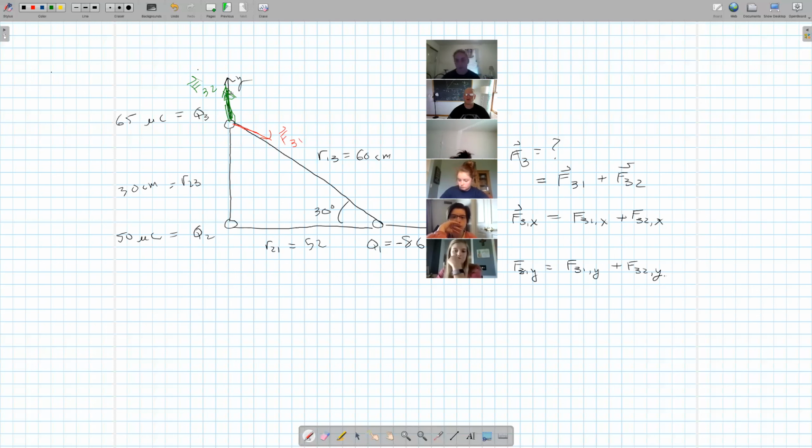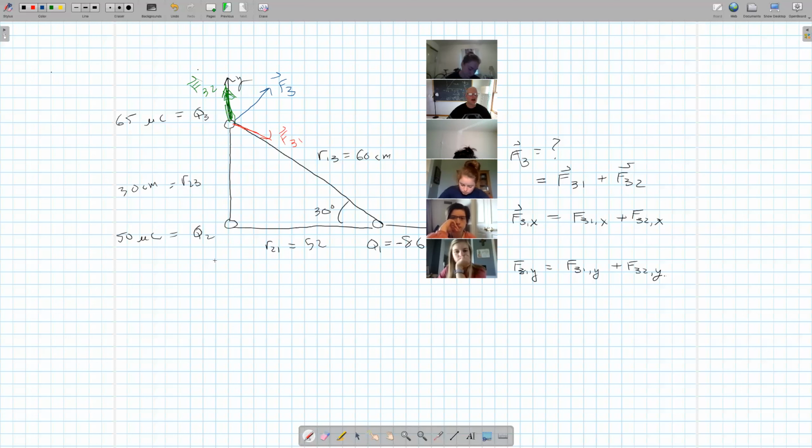That looks horrible, so hopefully everybody can see that. Now the vector sum of these two forces is the net force, which points somewhere off in this direction. This is the total force on 3, so F3 should point this way.